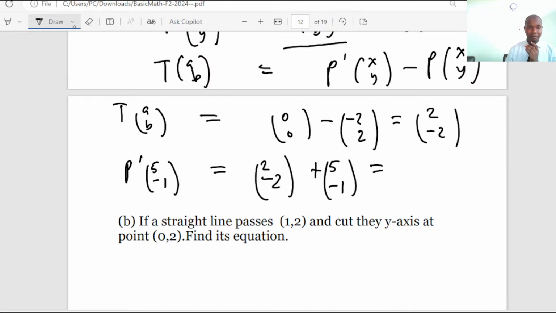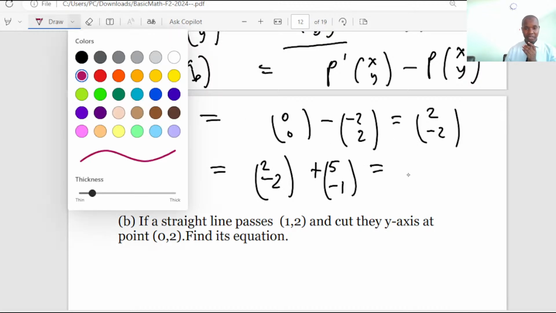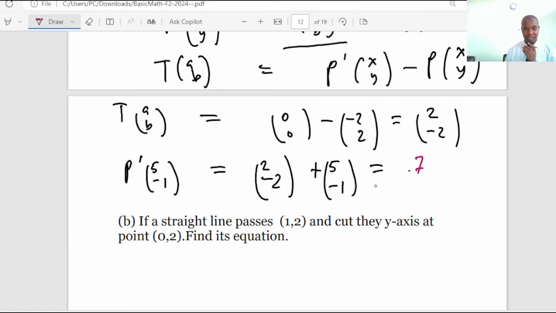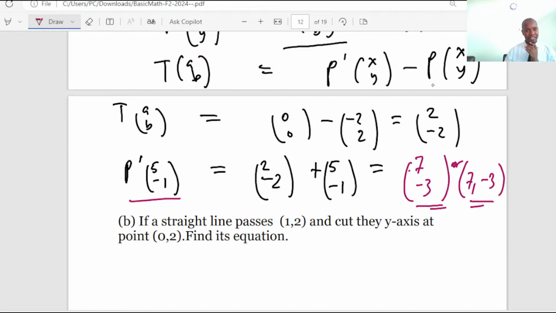When you add them, you'll be getting 7, negative 3. So the image of this point is 7, negative 3, dear students. And the marks allocated to this question again is 5 marks.